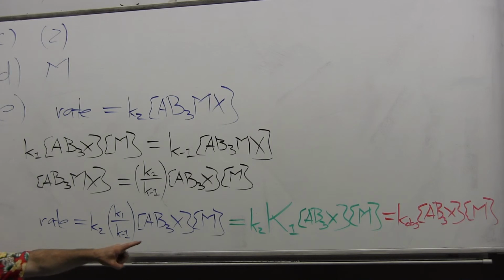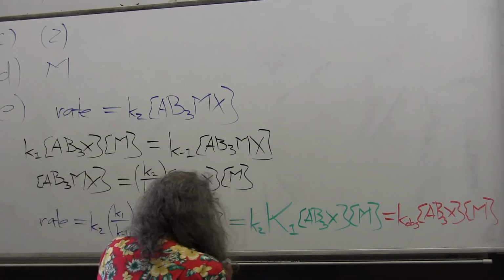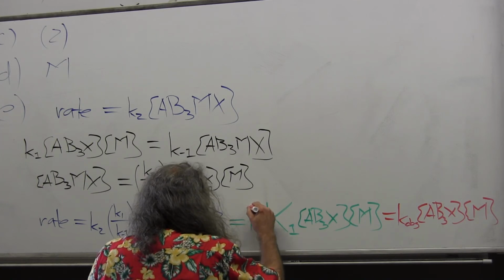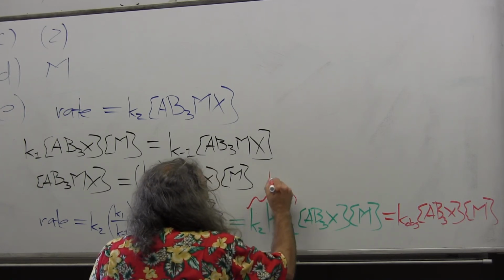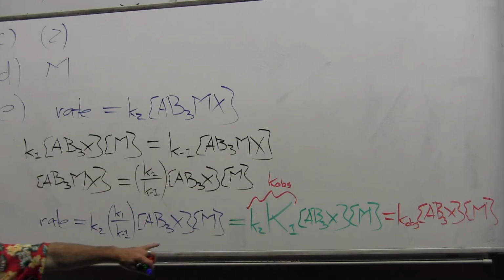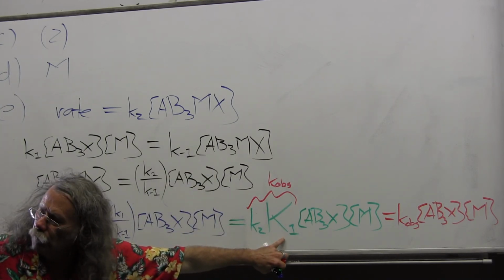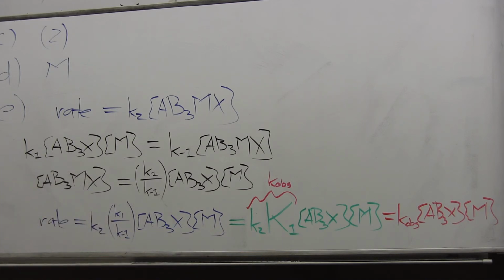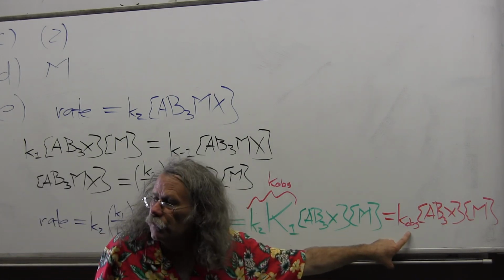We introduced it because K2 times big K1 is K observed. We just substituted that in for little K2 times K1. It is going to be that collection of rate constants, which we might not necessarily be able to observe and measure individually, but we are able to observe and measure this.